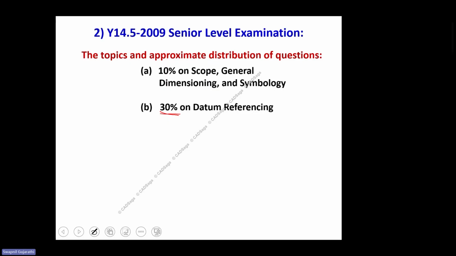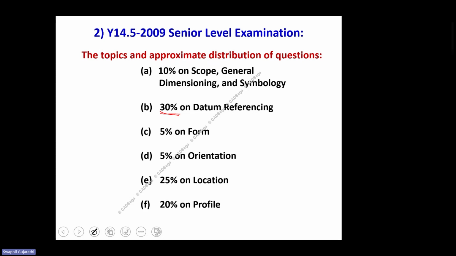What are TGCs, true geometric counterparts, and MMBs and LMBs, all those things come here. Now, what is getting murky here? In this exam also, still 5% for form and orientation, 25% on location, and 20% on profile, each increased by 5%, then as in technologist level, 5% on runout.